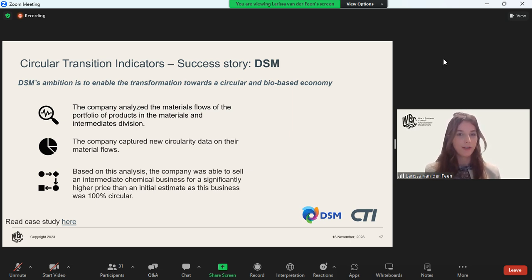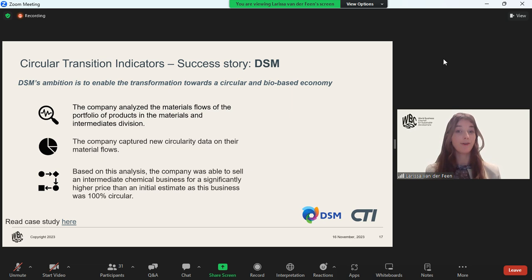And as a result, DSM was able to put a number of circularity performance on these materials, on these departments. And this number was quite good. And the products that could be improved in circularity, they improved. And they ended up with a business line that was really beneficial to circularity.